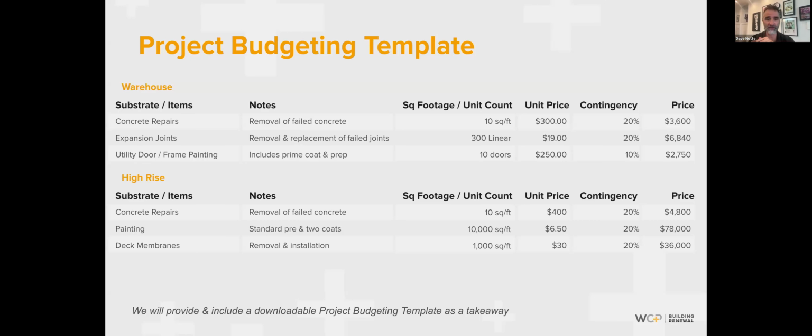Well, we've put together here, let's say you've got a scenario where there's 10 square feet of spall repairs, which may not seem like much, but it's actually quite a bit of work that goes into properly repairing a spall. So on a warehouse, working off a boom lift, super clear access, that's probably going to be about 300 bucks per square foot. Now, what does that entail?